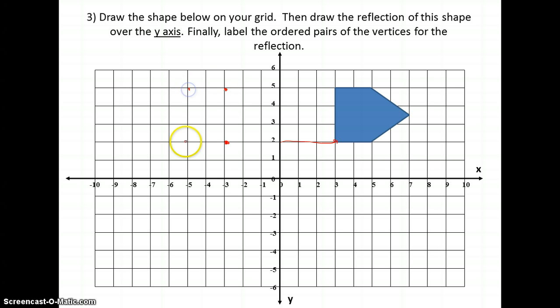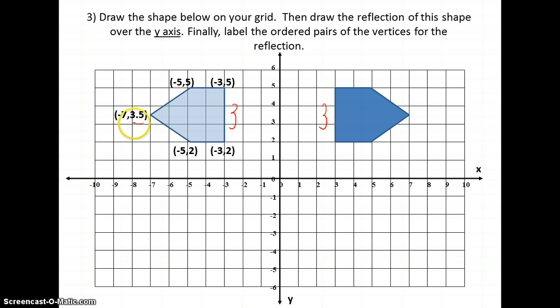Don't forget that each figure, or your new figures, need to be the exact same shape and size as the original. If it's not, I know I did something wrong. Notice the side here is 3 units, and the reflected corresponding side is also 3 units. And I've labeled my new points.